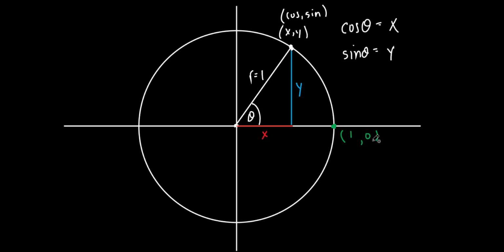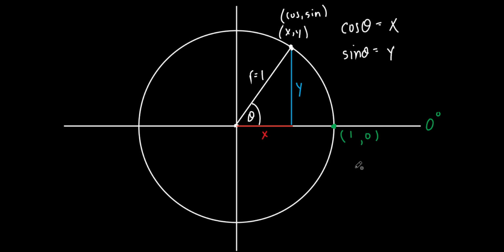Okay. So here's the thing. And what degree am I at right here? Remember, we always start here and we go this way. So what angle am I at right here? Like this would probably be like 60 degrees or something, okay? But what degree would this be? It'd be 0 degrees, wouldn't it? Okay. So watch this.